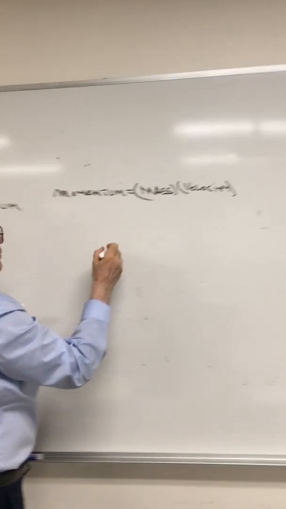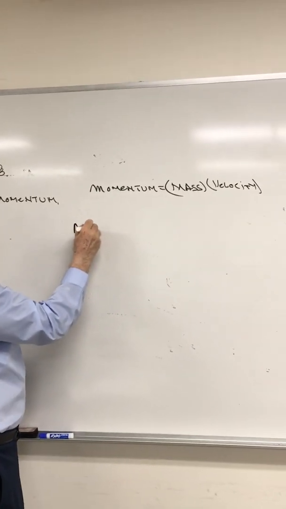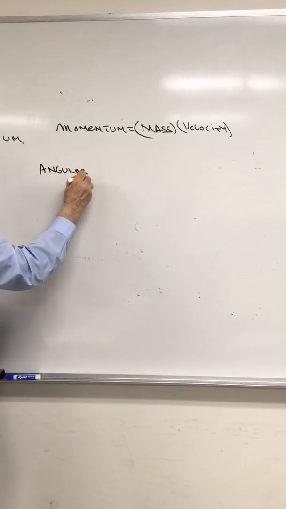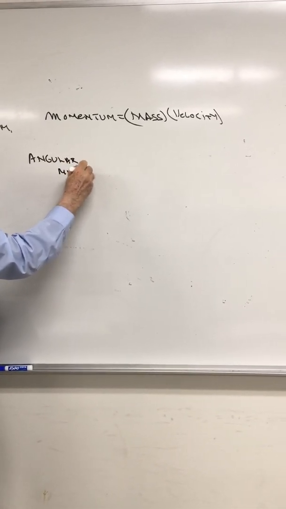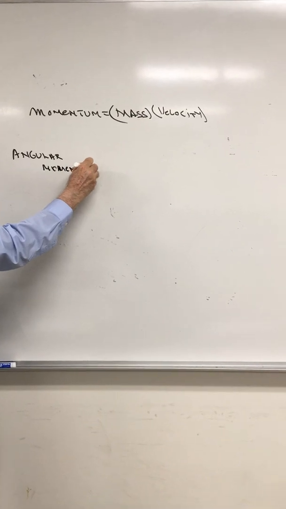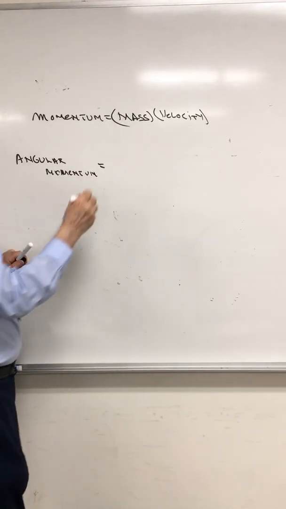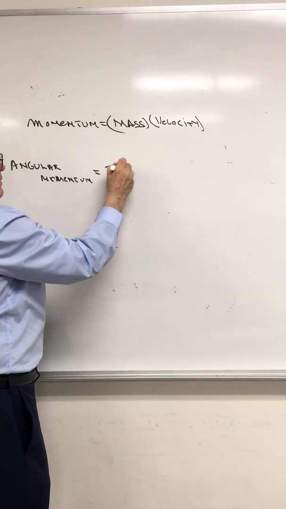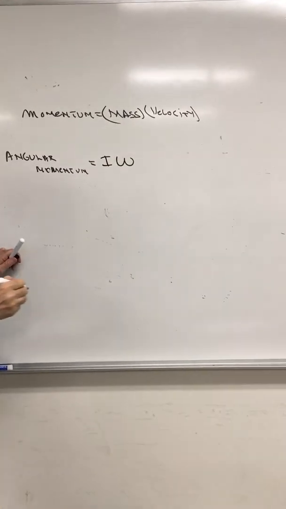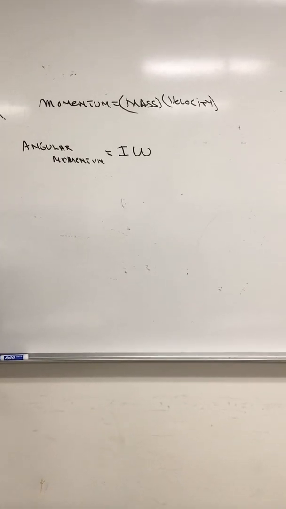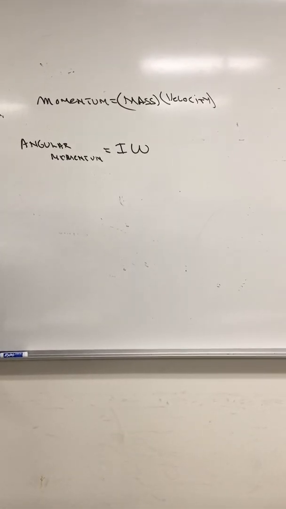Well, the angular momentum is equal to the moment of inertia, the rotational inertia, I, times the angular velocity, omega, although we frequently refer to that as w. So many radians per second.